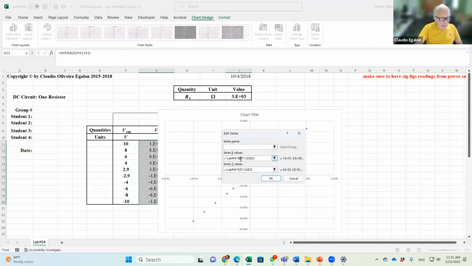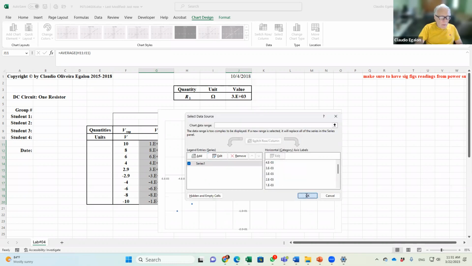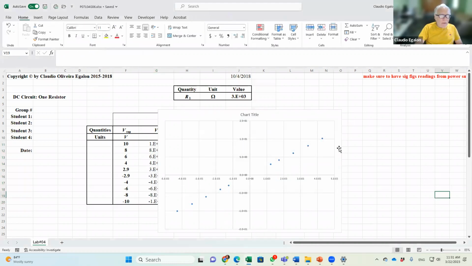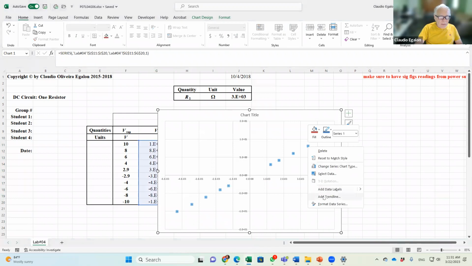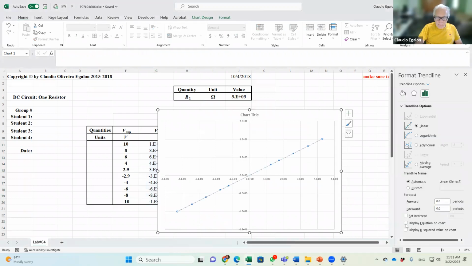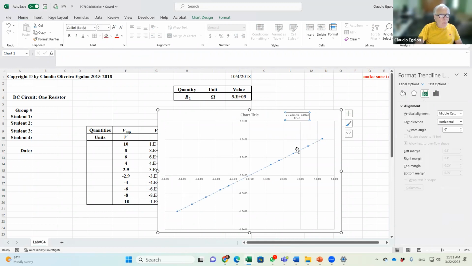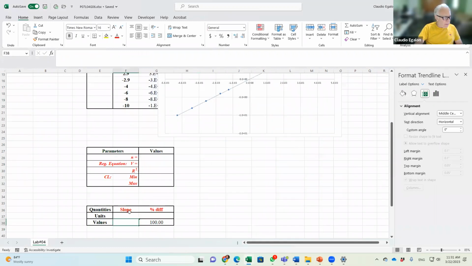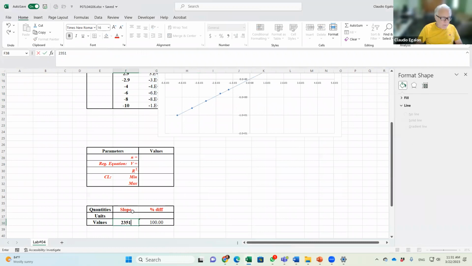G becomes J. And J becomes G. And let's put the trend line here. 2,351. Okay, 2,351. Yeah, I'm getting 11.35% too.